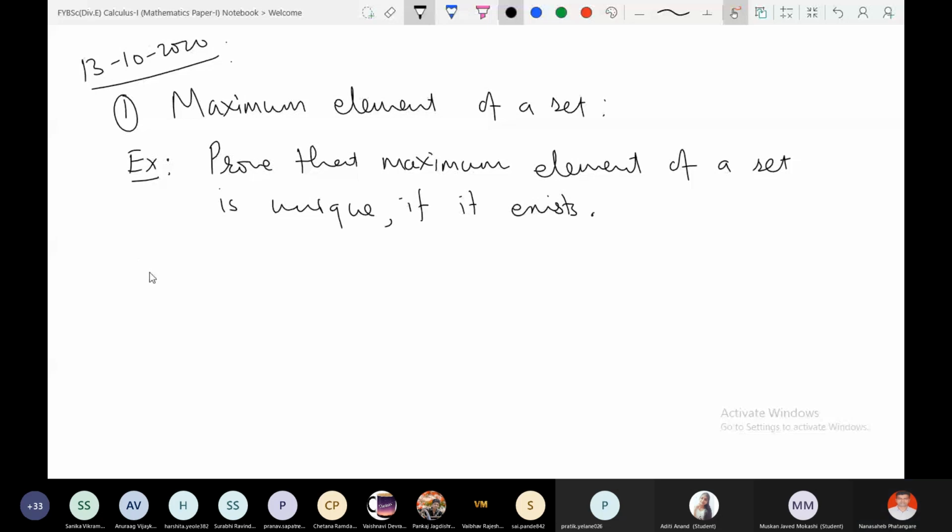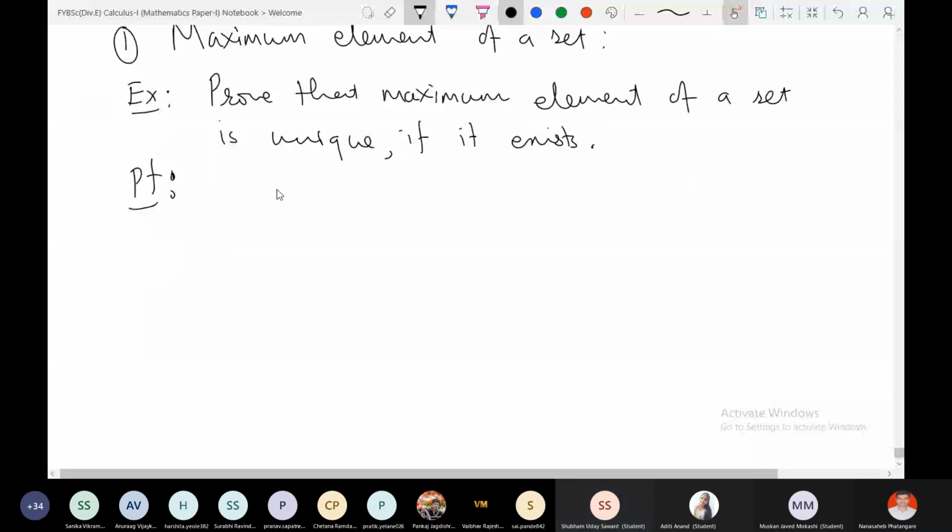So first, we'll consider a set with two maximum elements. Then we'll have cases. The first case would be one is greater than the other. Then the second would not be the maximum because it is smaller than an element of the set. And the second case would also be the same, that the second is greater than the first one. And the third case will be equal. So it's satisfied only when it is equal.